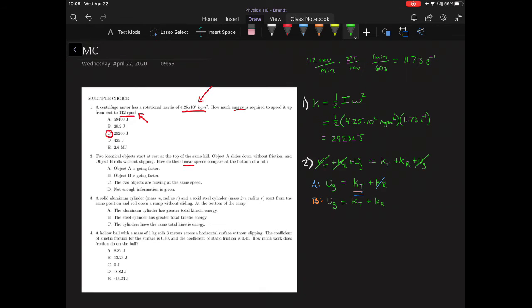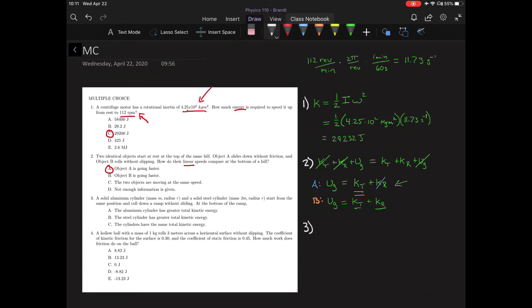So we have both of those. So some kinetic translational and some rotational. So that means the linear speed of A has to be greater because all of its energy is in the linear direction.